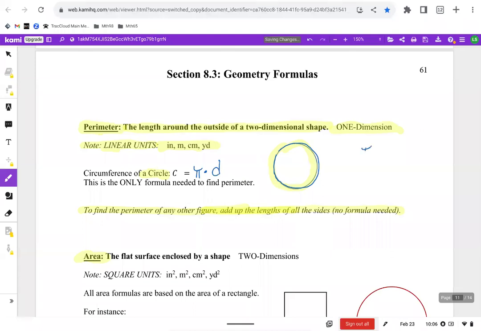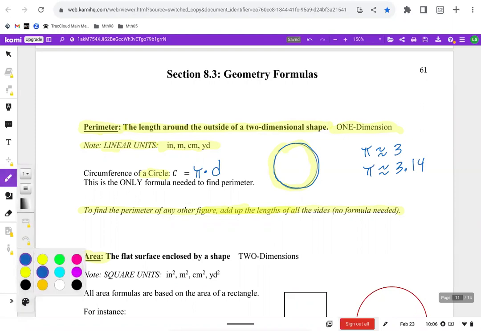Pi is a value that is equal to about 3. Usually when we see that approximation, we get a little bit more detail, 3.14. But just for the sake of conceptualizing it, when you're thinking about what it means, thinking of it as 3 is kind of useful.